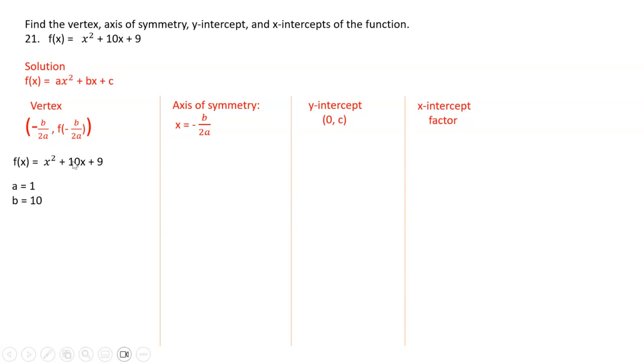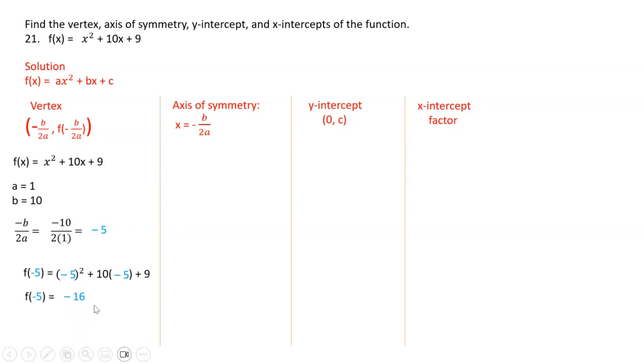We know that my a is 1 and my b is 10. So let's plug them into the formula: negative b over 2a. My b is 10, my a is 1. This gives us negative 5. Now, to find the y part of the vertex, we plug the negative 5 into the original function, or evaluate the function at negative 5, which means I'm going to plug in negative 5 for every x.